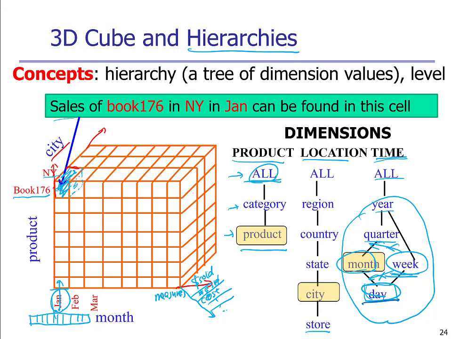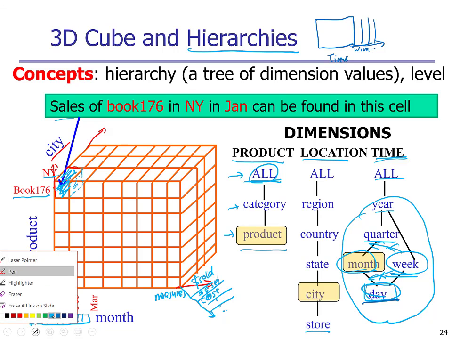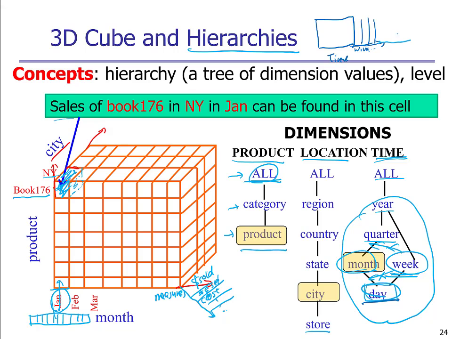Not exactly at the same time. Let's say this dimension is time. So we can first do the expansion on weeks, right? This is week 1, week 2, so on and so forth. And then we can do the expansion on months as well. So this is January, this is February, and so on and so forth.